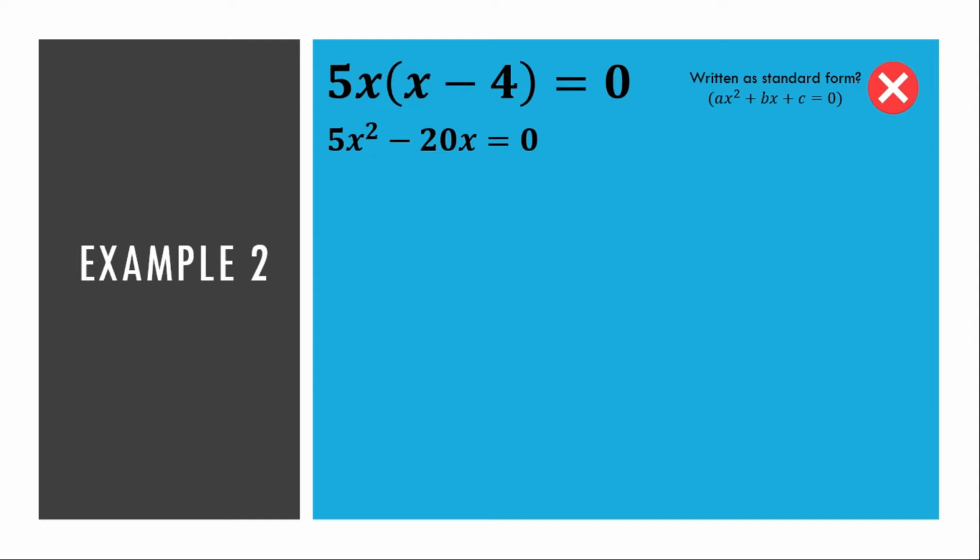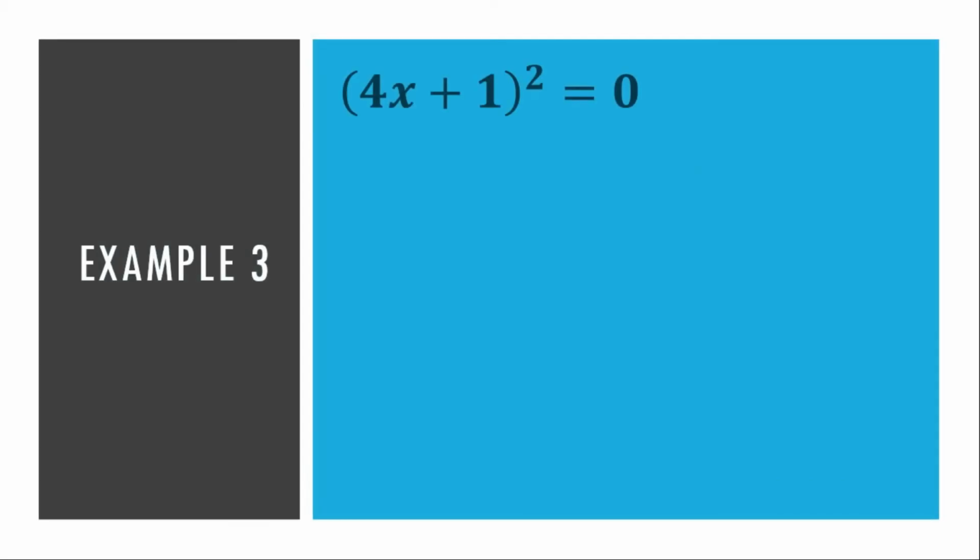So, 5x times x is 5x squared minus 5x times negative 4, that is negative 20x is equal to 0. Yan. So, yan ay nakasulat na sa standard form. Ngayon, alamin na natin si a, b, and c for the different term. Si a is equal to 5, si b naman is negative 20, c is equal kay 0.